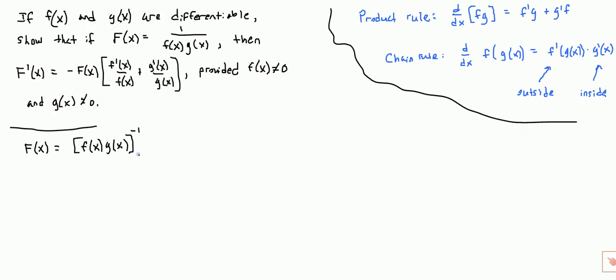Okay, and then we can view this as first we're going to take the derivative of what's outside, which is this negative 1, and then we're going to take the derivative of what's inside, which is f of x times g of x. And we're taking the derivative because the problem is asking us to write the derivative in a certain form. So logically the first step would be to try to take the derivative, right?